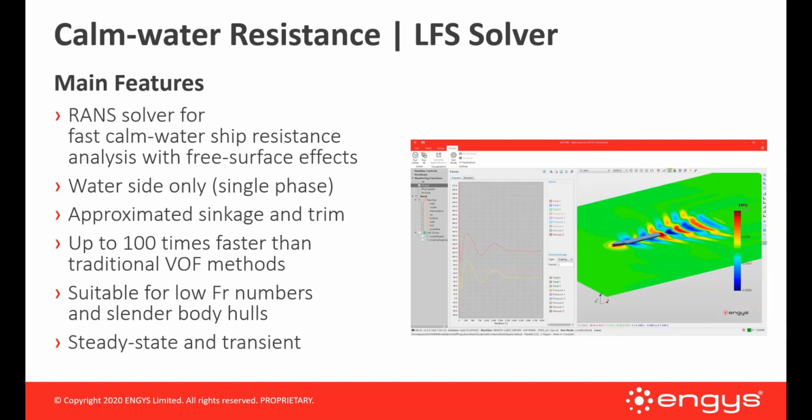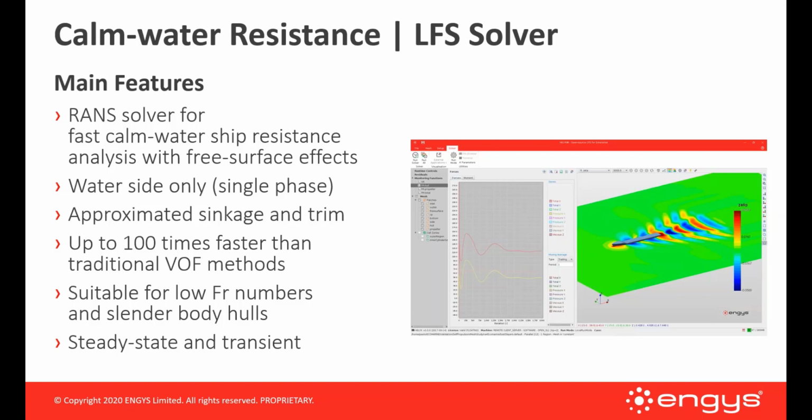So if you want to do things like hull form optimization, you need to run things like DOE and parametric studies, and you need to explore your design space as quickly as possible, and you need something reliable that can give you the correct trend in terms of performance and results.